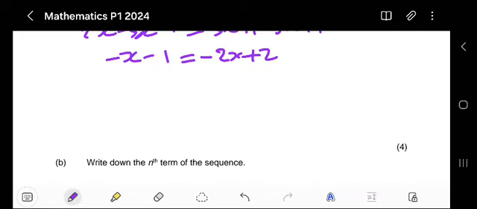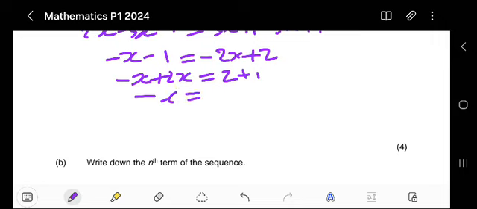If I take this, right? So this will be minus x.